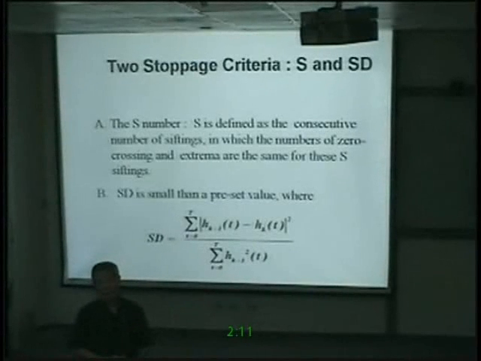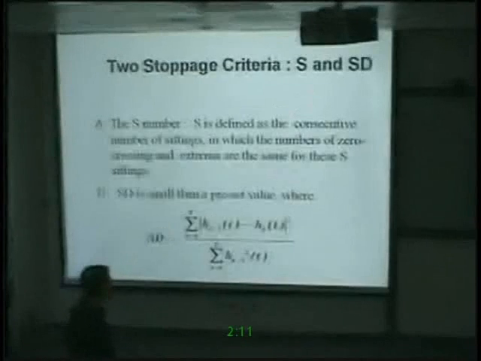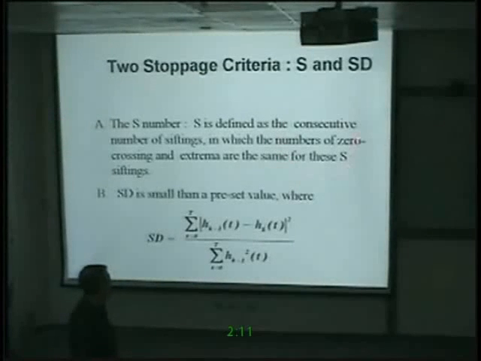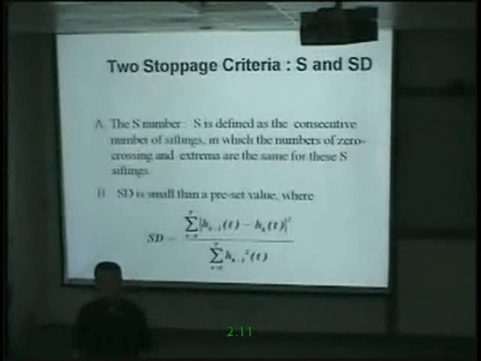So all of these stoppage criteria have been used by various people. I used this for the beginning 7 or 8 years. I've been using that criterion, and even to this day, I still use it in many of the problems.